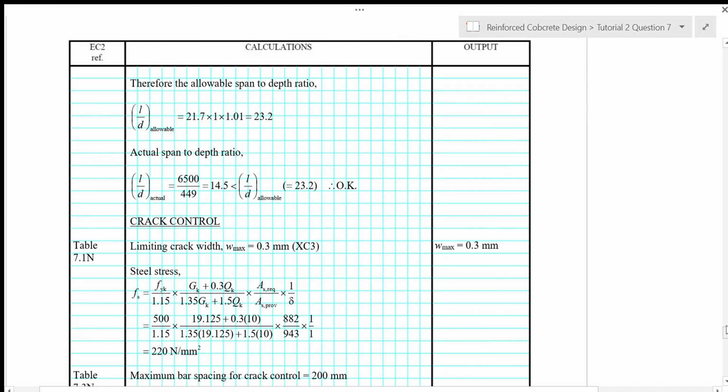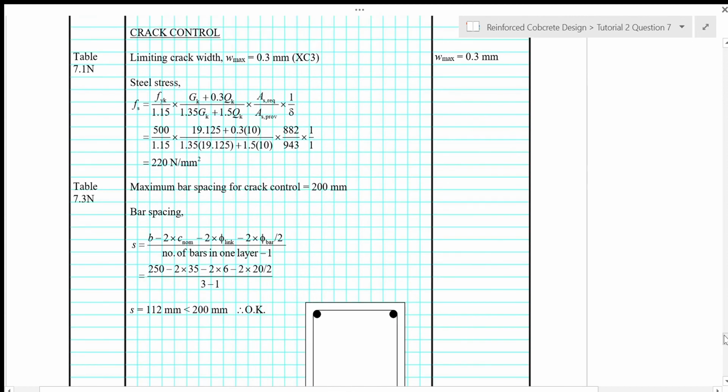Therefore, the allowable span to depth ratio is 23.2. The actual span to depth ratio is 6.5 meters over 449 mm, so it's 14.5, and this is less than the allowable L/d ratio of 23.2, so it's okay.